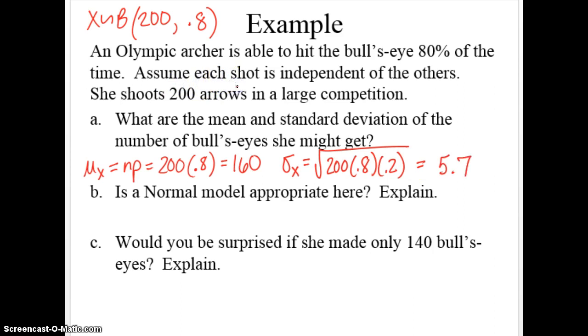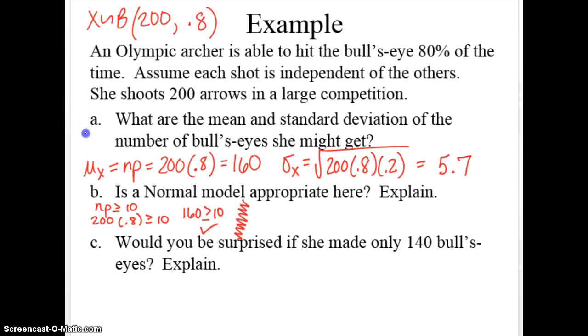So there's the mean and standard deviation of the binomial, which could potentially be used for the normal approximation. So what we are checking here is that first rule of thumb, where we said that n times p is greater than or equal to 10. So n is 200, p is 0.8. We need to know if that's greater than or equal to 10. Well, that is 160, greater than or equal to 10. Yes, this checks out, this works.